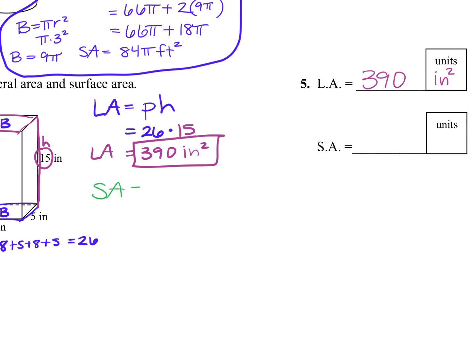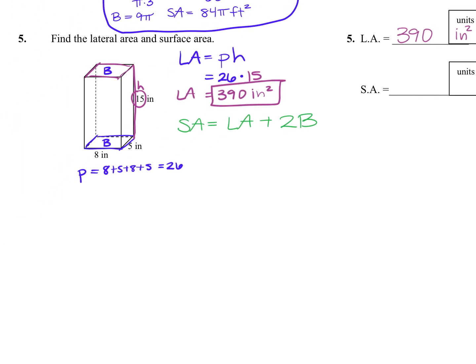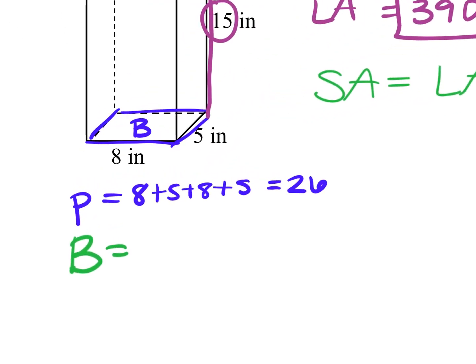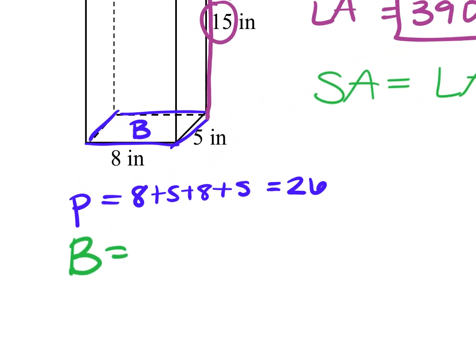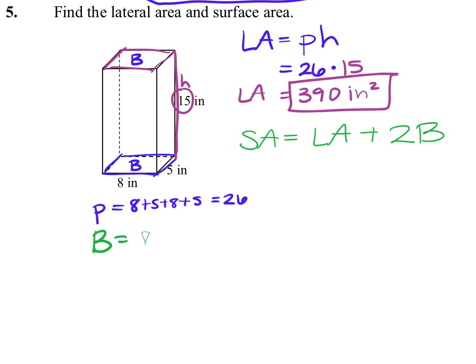Then we do surface area, which is your lateral area plus 2 times B. What is B in this figure? It's the area of the base, which would be what? 40. Your base is a rectangle, right? Base times height, or 40.